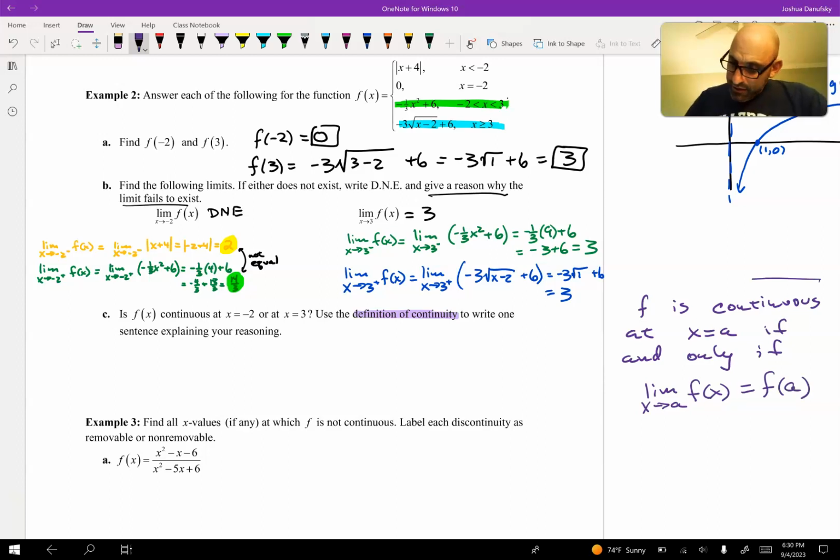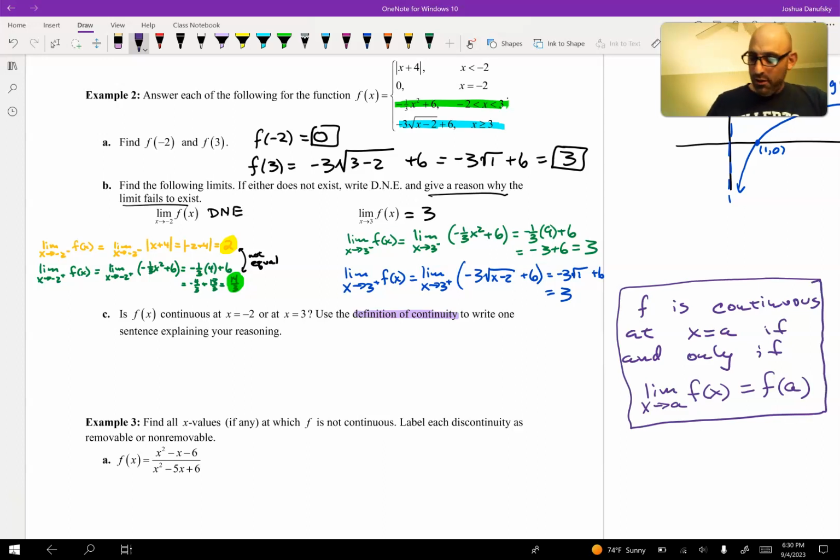This is our definition of continuity. This is what I want you to know. In order for these to be equal, our limit has to exist and our function has to be defined, and the two have to be the same value. Okay?